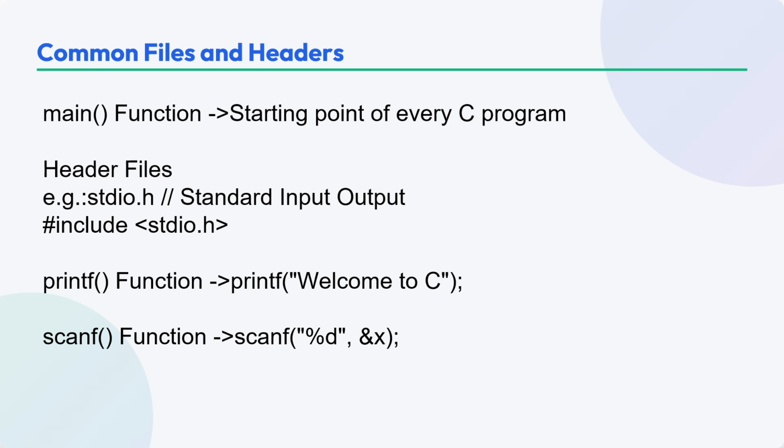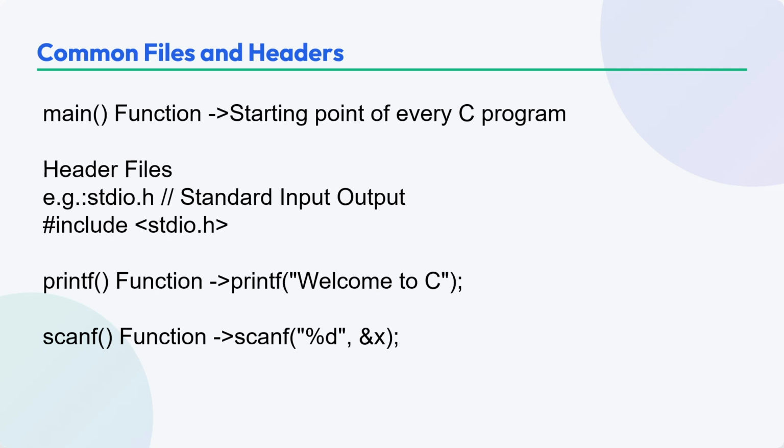If we just have to use some common functions, then the standard input output header is used. Header files are a type of library which has many operations or operators which are often used in programs.